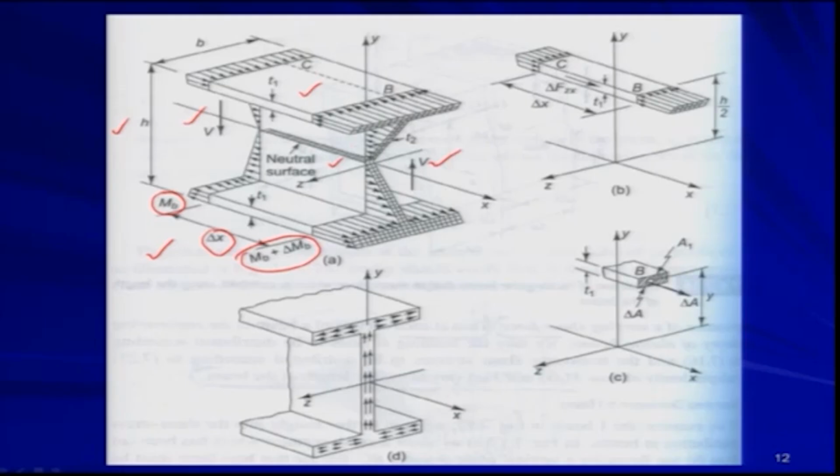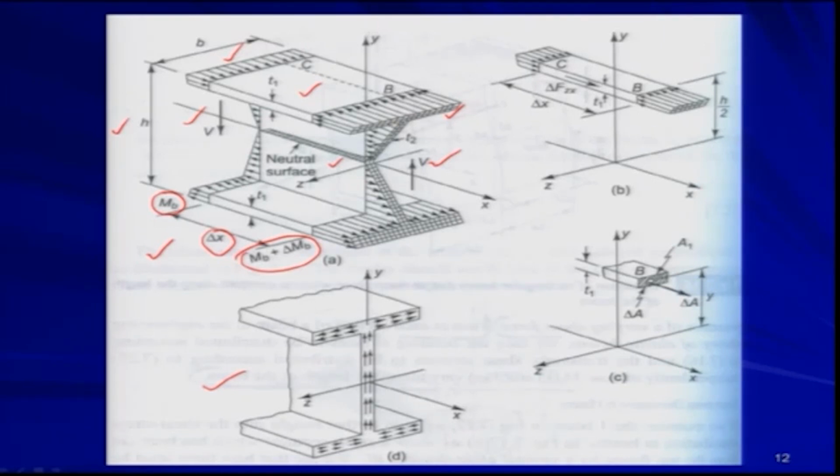The neutral surface will be passing through the centroid of the whole I section. So, the I section will look like this. Now, this is the normal stress distribution coming from the bending on this face, and this is the distribution of normal stress on the other face.